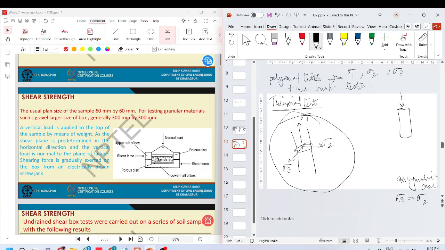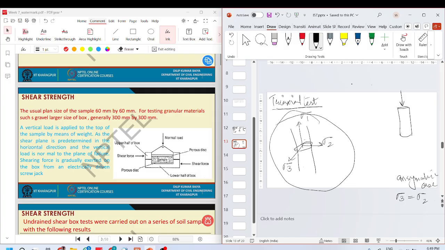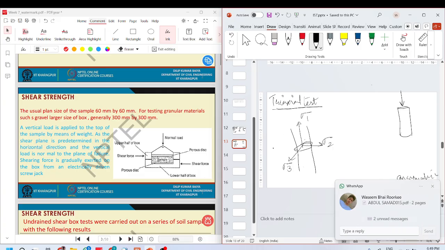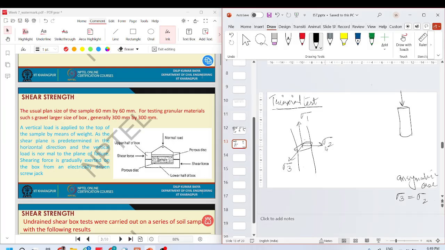But it is quite complicated, expensive, time taking. So this serves us well enough for us not to indulge in multi-axial testing, except in research.